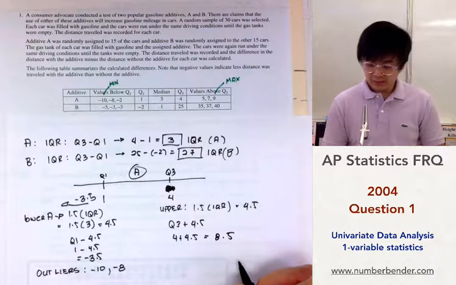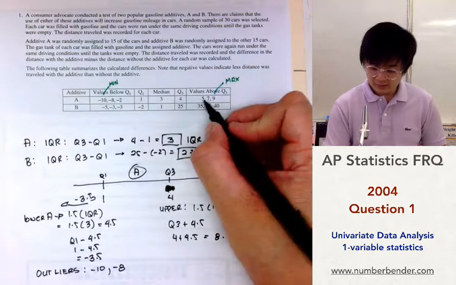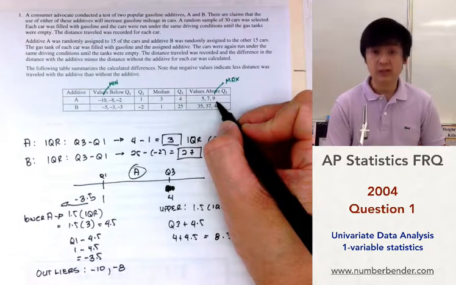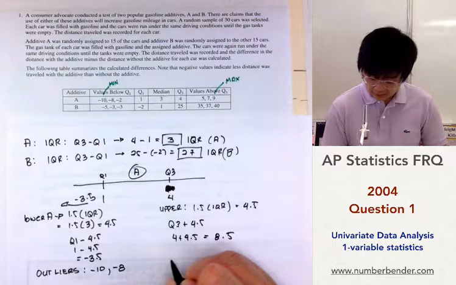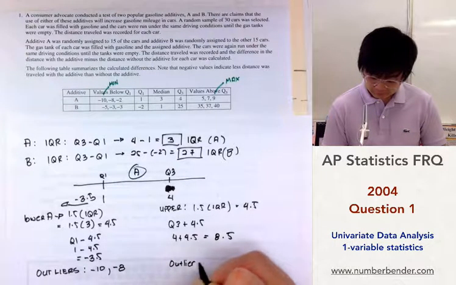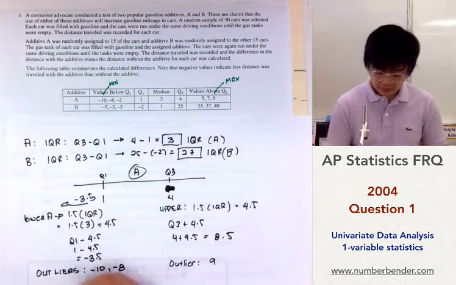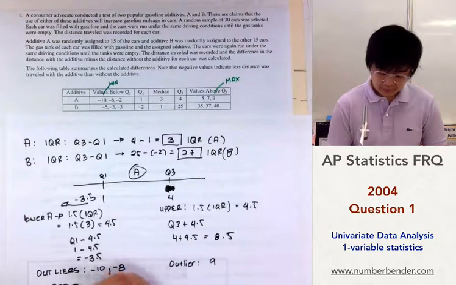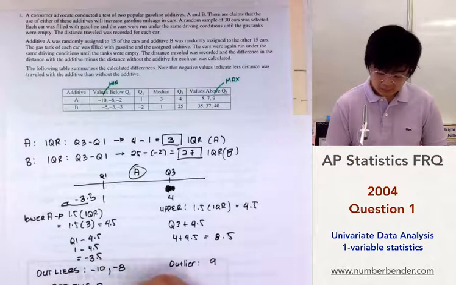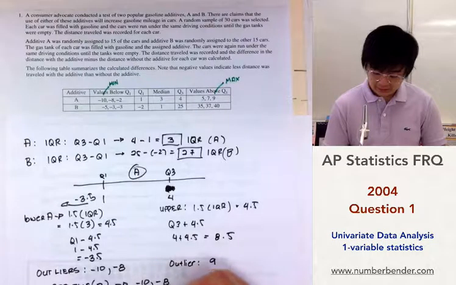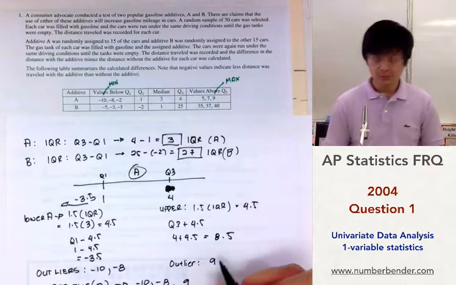Therefore, any number that is higher than 8.5 is considered an outlier. In this case, 5 and 7 are in, but 9 is considered an outlier because it's outside 8.5. So the outlier would be 9. For additive A, our outliers will be negative 10, negative 8, and 9. So we have 3 outliers for additive A.